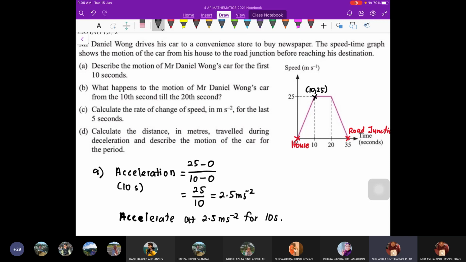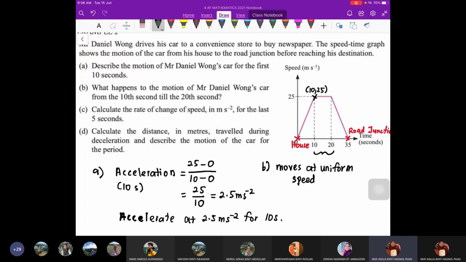What happens to the motion of Mr. Daniel Wong's car from the 10th second till the 20th? Maksudnya di mana dia ada uniform speed. So ceritalah sekali lagi pasal uniform speed. So Mr. Daniel Wong's moves at uniform speed.